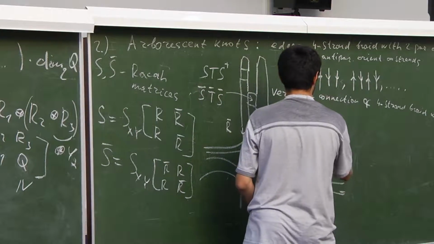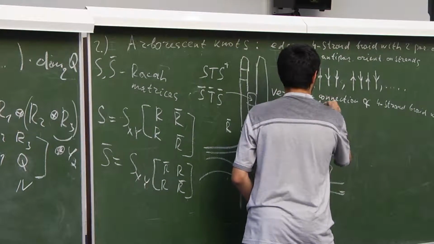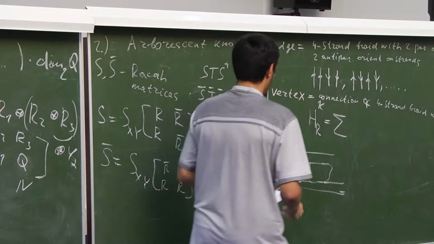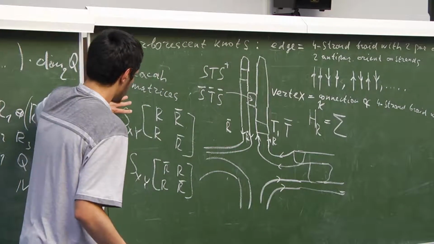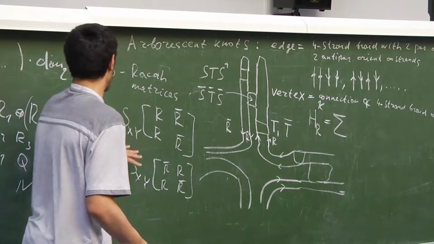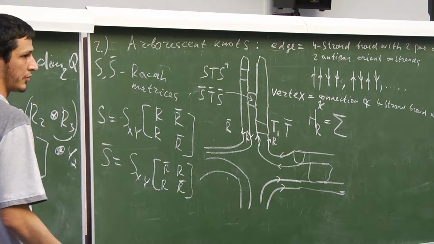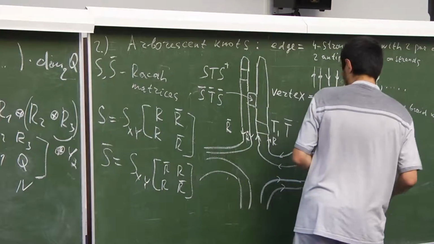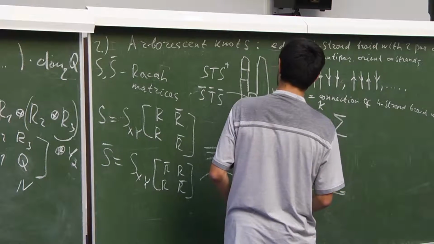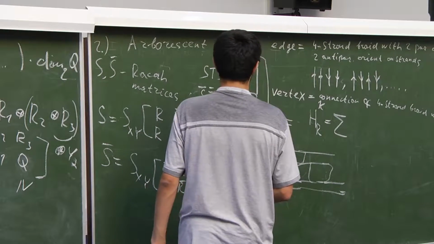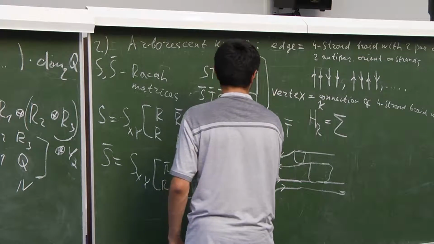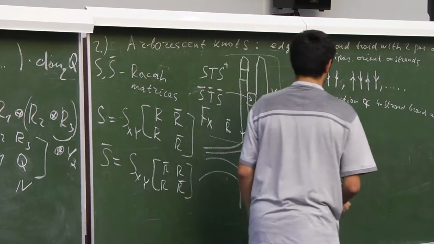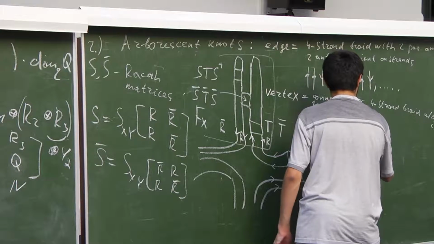However, the answer for the quantum invariant of such a knot will include only two such Racah matrices. Not any possible number of them, like in the previous construction, but only two of them. Let me write it very schematically. Let me call this leaf f_x, and then in this formula I put some such f_x's.